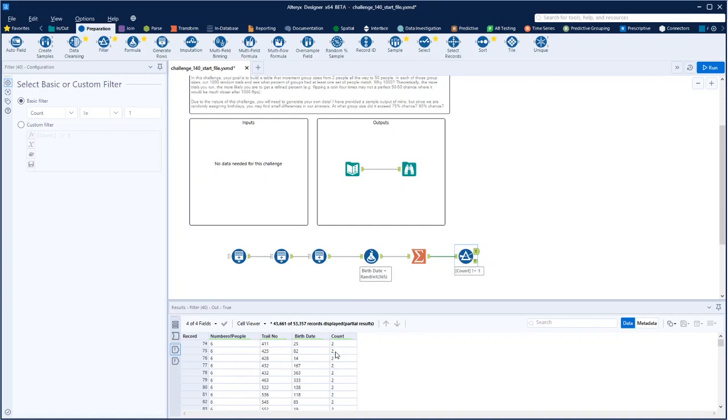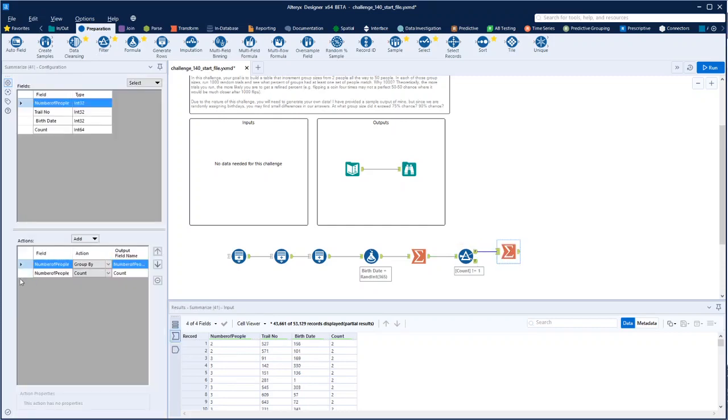So we now need to group them by the trial number and the number of people and the trial. Okay, no, it's not this count here. It's distinct count. I think it's going to be distinct because we've got duplicates in the data.